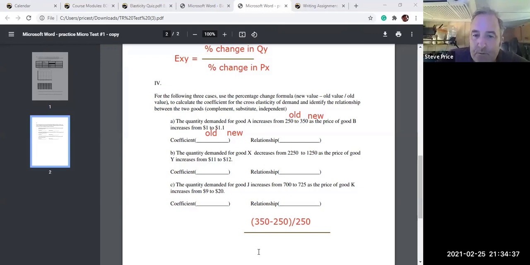So that's my numerator. My denominator is the percentage change in price, which is shown here. 1.1 minus 1, all of that divided by the old value, which is 1. So do that math.